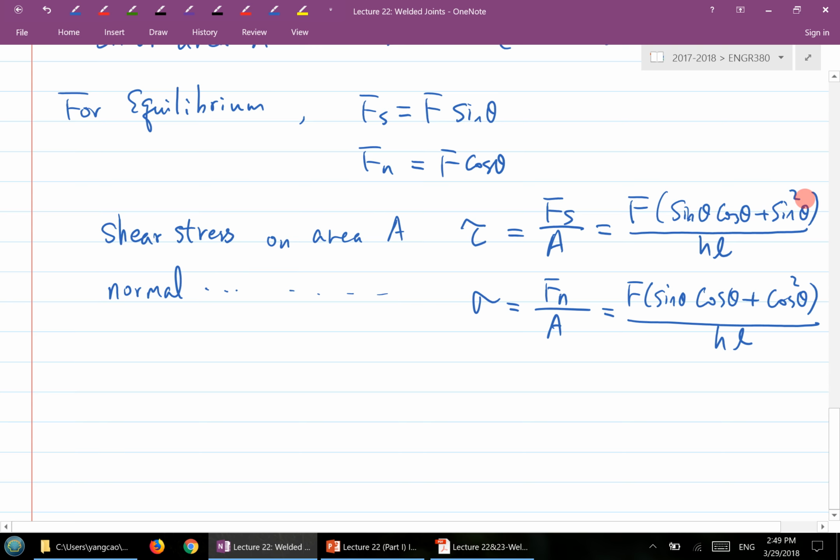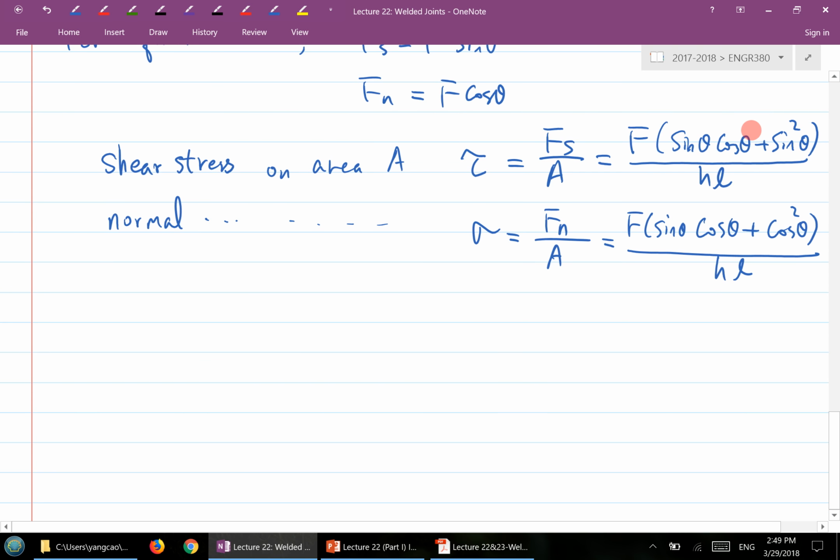Before we go on, another thing we can do: if you recall in the static analysis, we can always take a stress element out of this location. On that stress element, you will have a tau here and a sigma here.